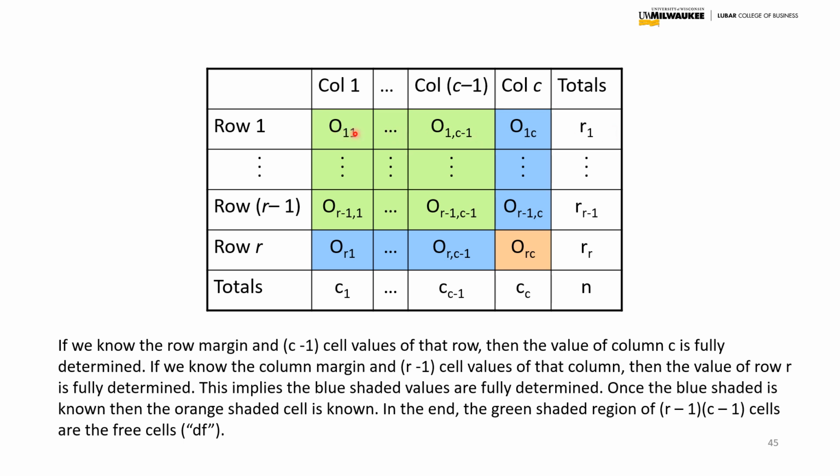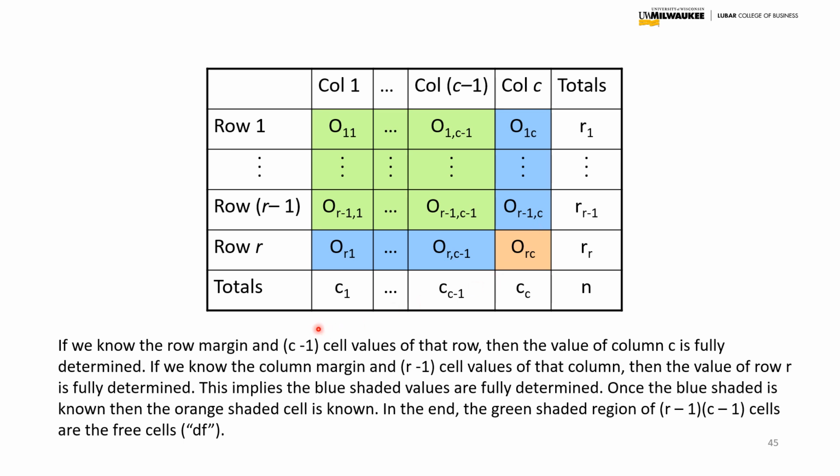And if we were to add across the first c minus 1 cells, and let's say that adds up to 100, that would imply that this cell has to be 5. It's restricted. It has no choice given the row count has to be 105. So if we look row by row, all these cells here in column c are restricted.